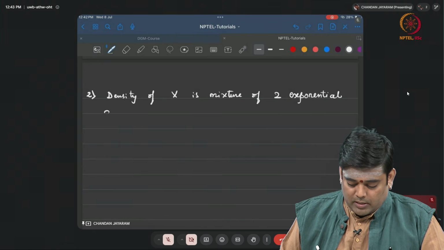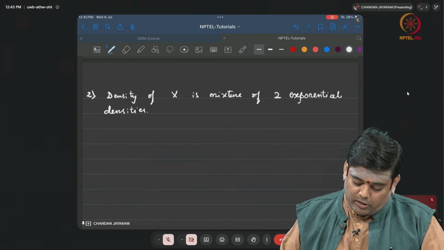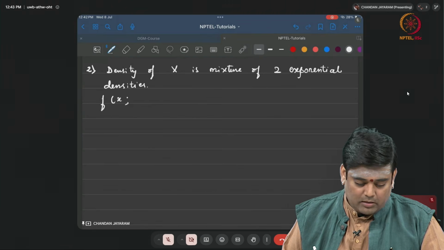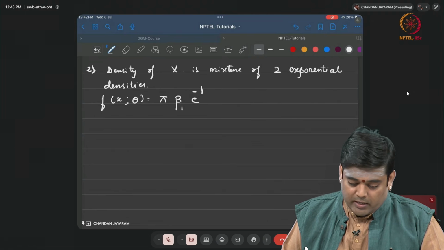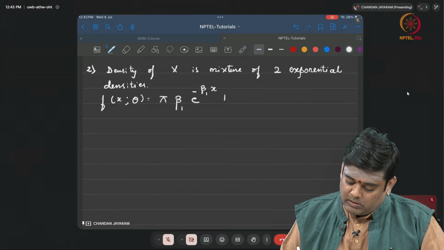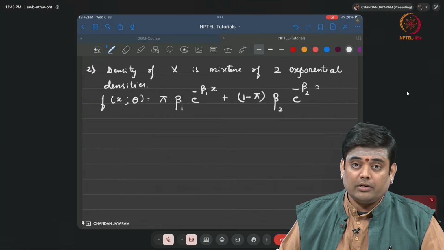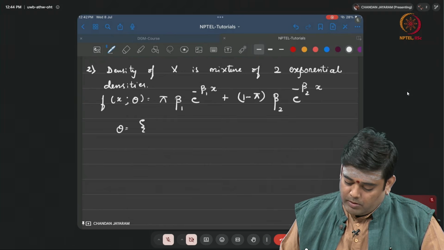For any given observation x, parameterized by theta, it looks like this: pi beta 1 e to the power of minus beta 1 x plus 1 minus pi beta 2 e to the power of minus beta 2 x. Here, theta represents pi, beta 1, beta 2.